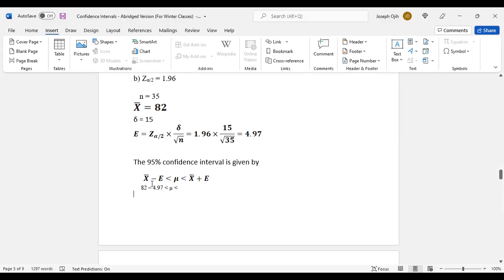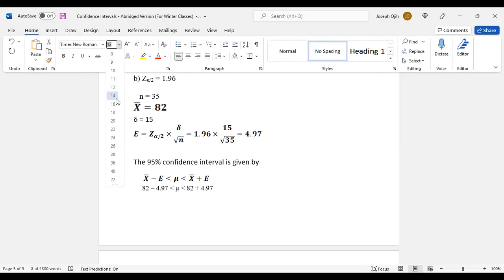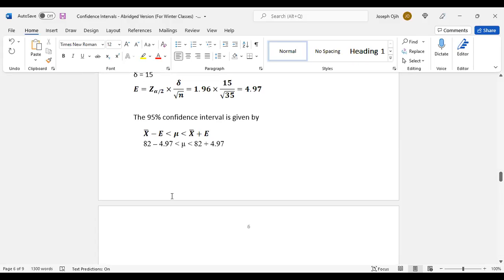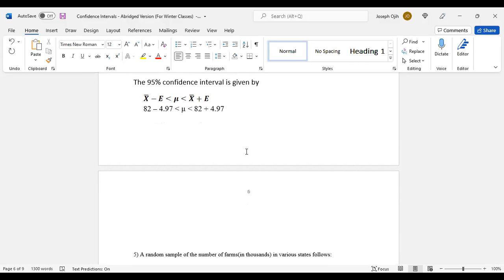So now here we have 82 plus our error again, 4.97. So you can see on the left side you subtract, on the right side you add, and that will give you the confidence interval. This is the population mean we're trying to estimate.